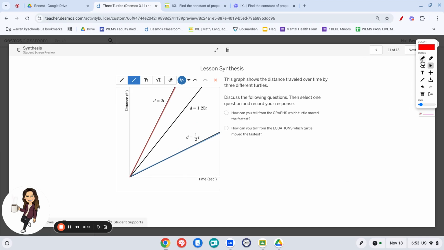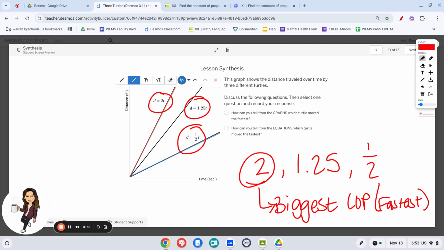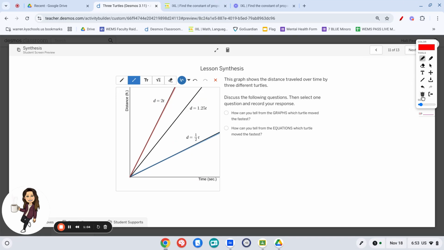And then from the equations, we've got these 3 numbers: 2, 1.25, and 1/2. The biggest number is 2, so that's your biggest COP, and that turtle is going the fastest. So the biggest thing you need to remember here is that the steeper the line is, the faster it goes.